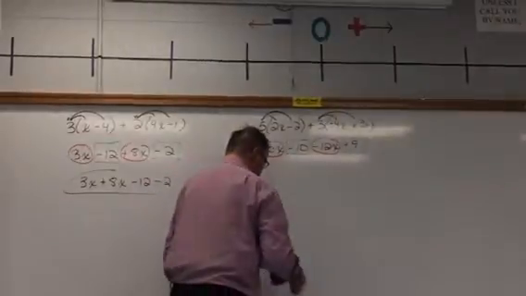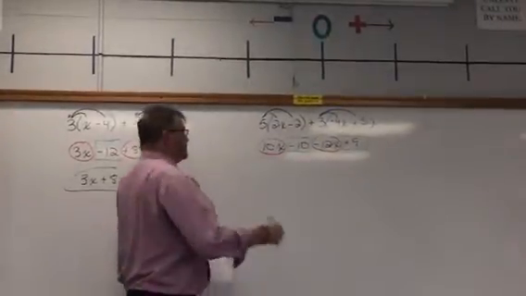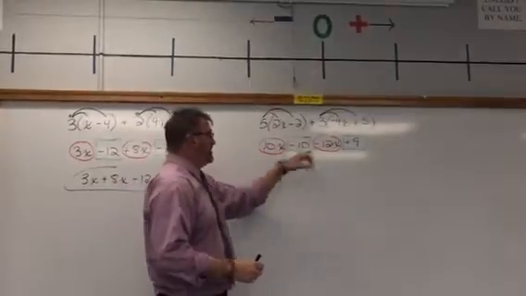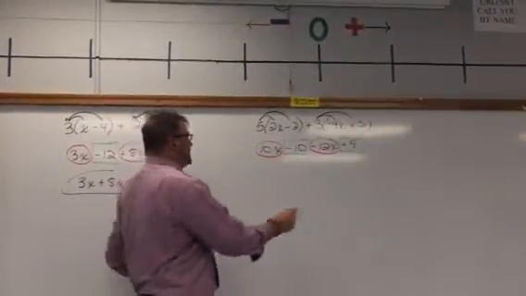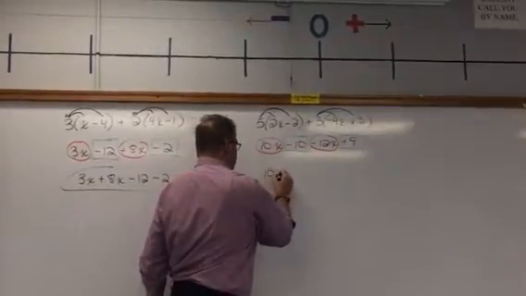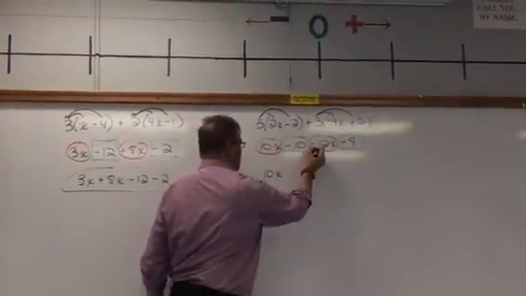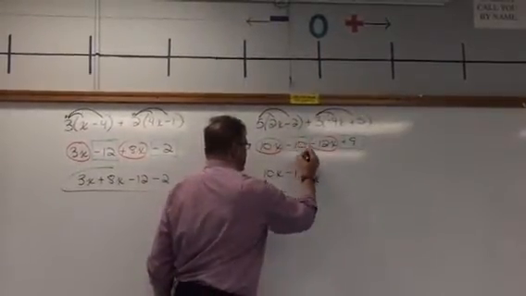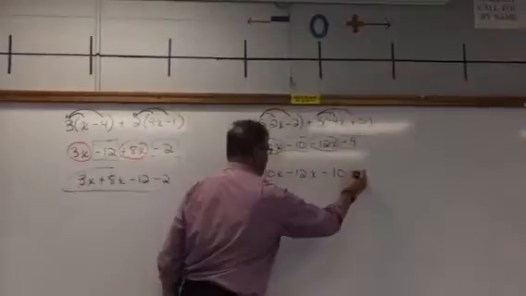So now, I just regroup it. And once I've got them identified with these boxes and the circles, I want the red ones to be side by side. So 10x, the minus travels with the 12x, and then the minus travels with the 10, and then I have plus 9.